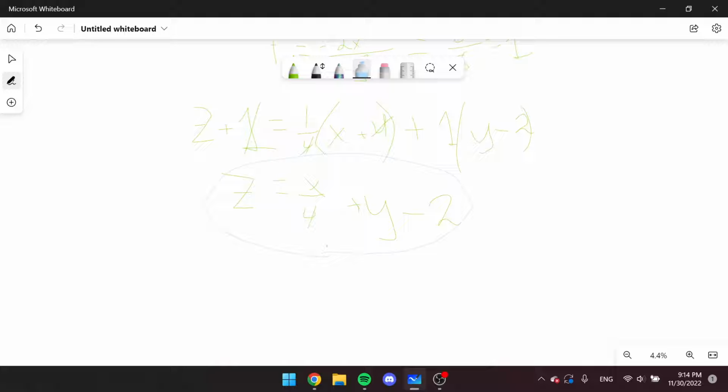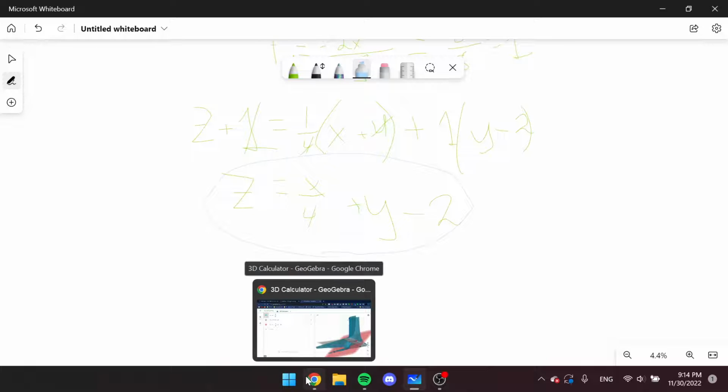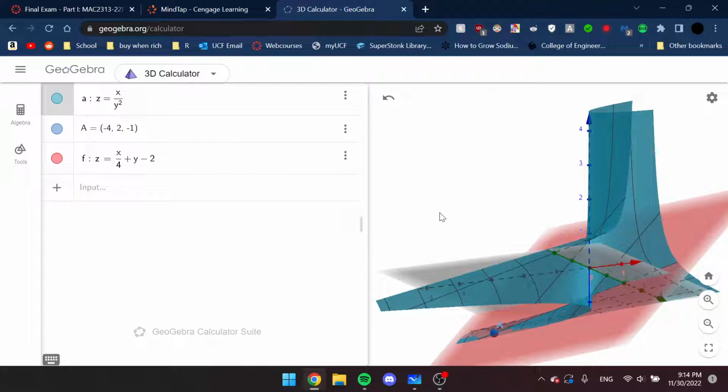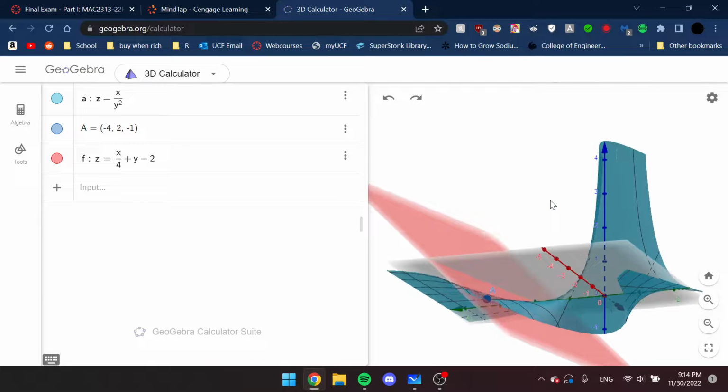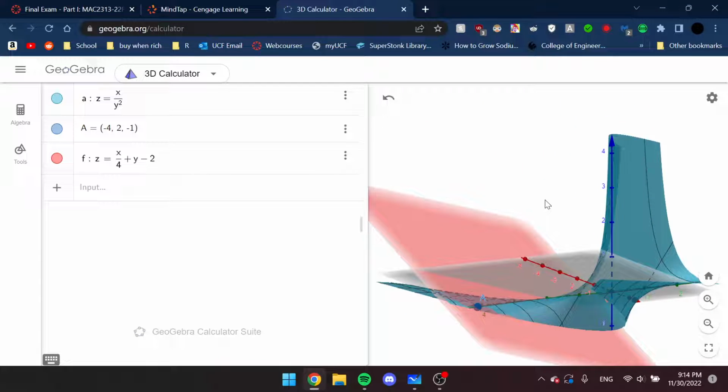This is the equation for a tangent plane, so any point that's valid that exists in this equation, any combination of x and y that gives a z, lies on that tangent plane, which I went ahead and graphed out.